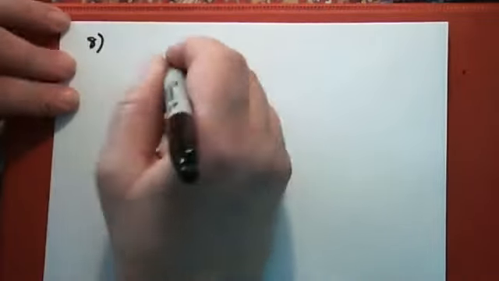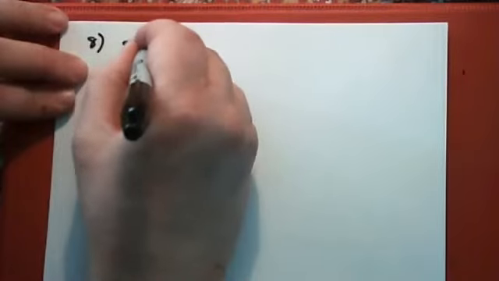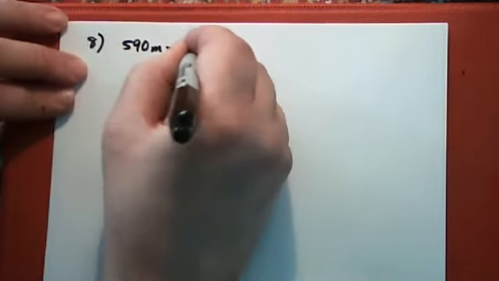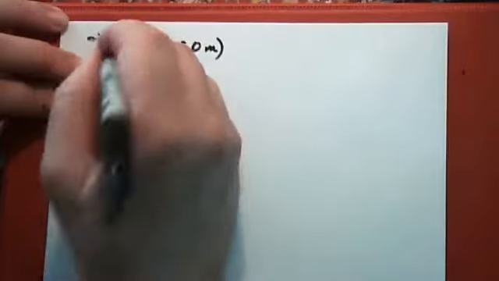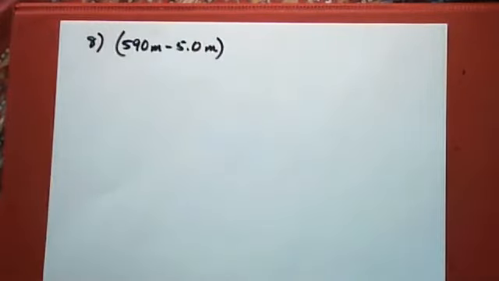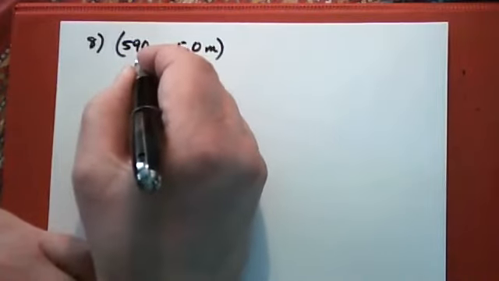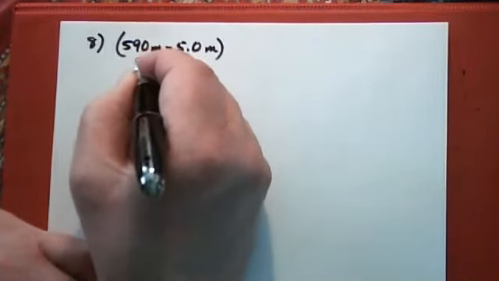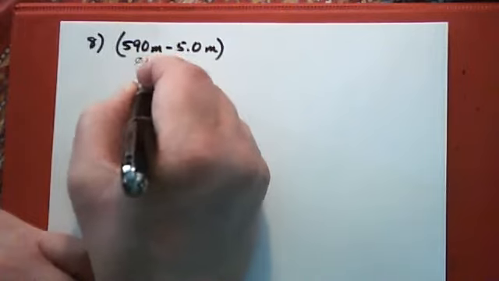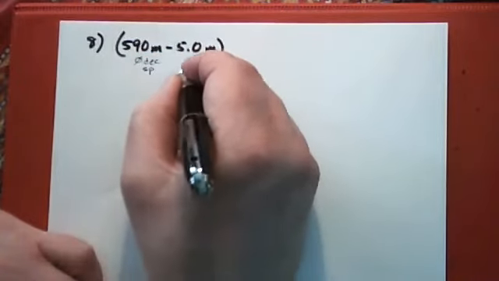Okay, on the other side of the sheet, or on the next page, depending on whether you've got, well, it'd be the next page, actually, if you're looking at the PDF. The calculation is 590 meters minus 5.0 meters. This is subtraction, so again, we're following the rules for addition and subtraction. So here we've got no decimal spaces, and here we have 1 decimal space.